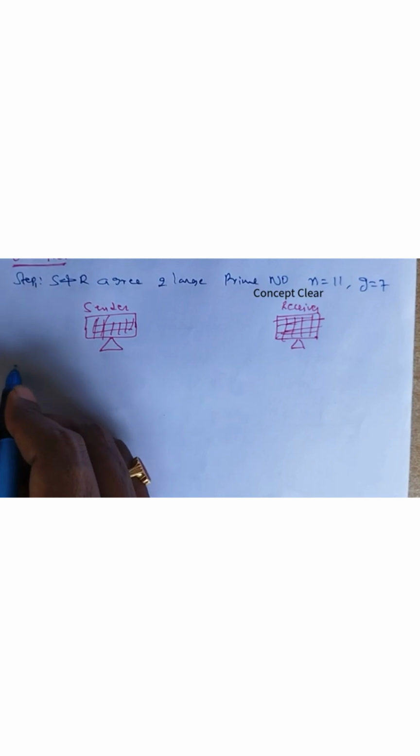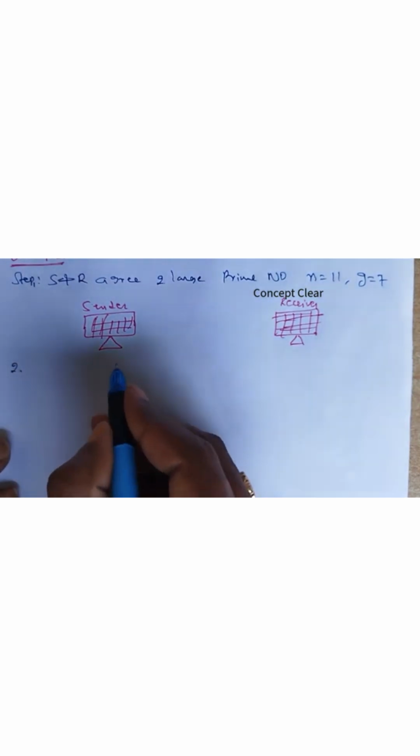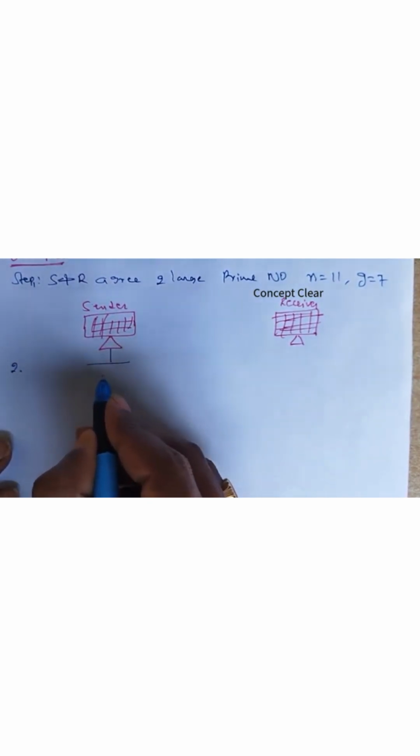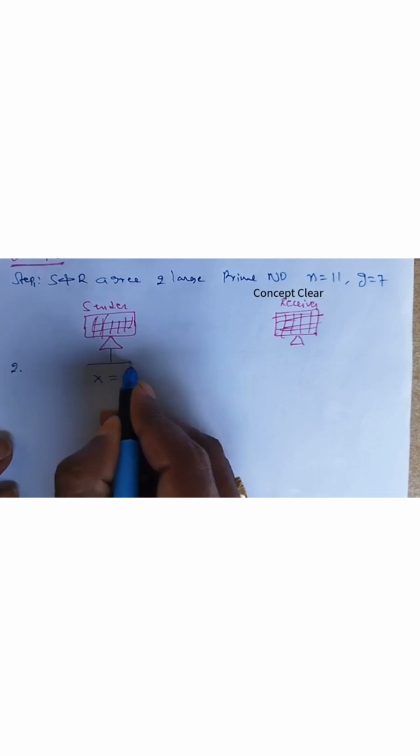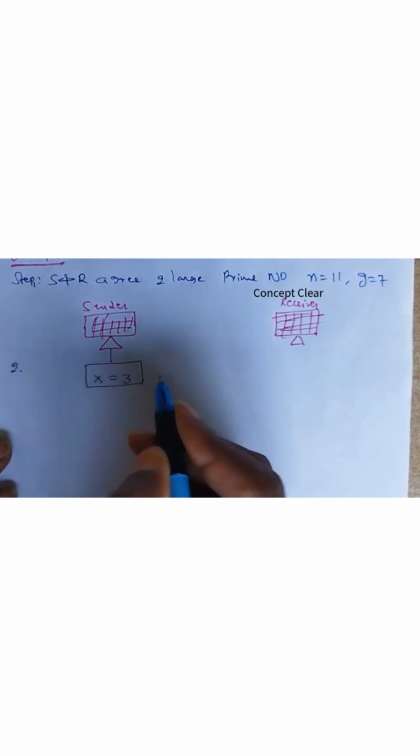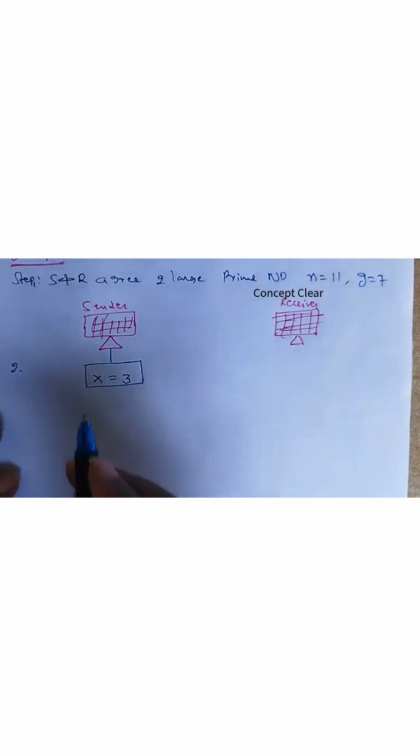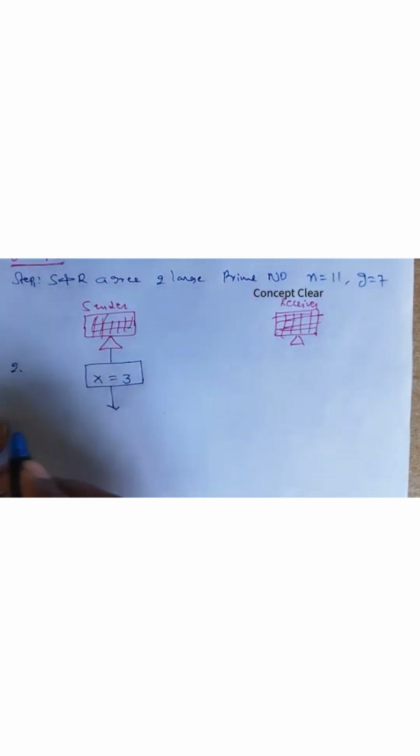And what is the second step? The sender chooses another random number x. So here the sender chooses x equals 3, and he will calculate in the third step.